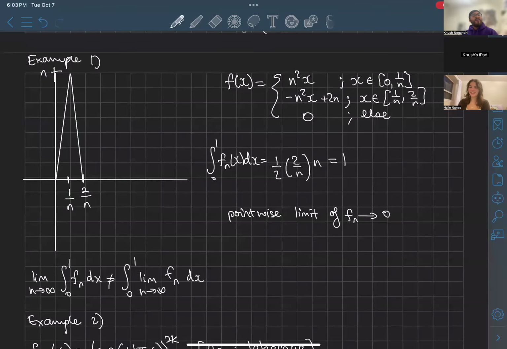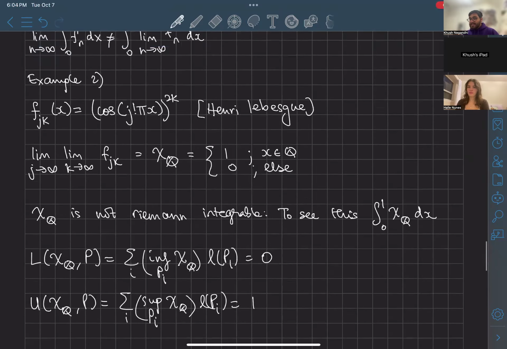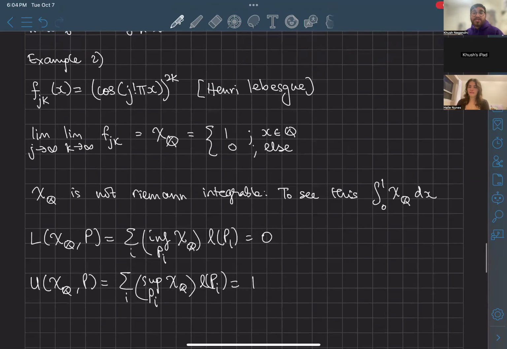Okay, we're not gonna ignore these functions. We'll see under much less stringent conditions, we'll be able to swap limits and integrals. But this next example is much more troubling because all these functions remain bounded, right?